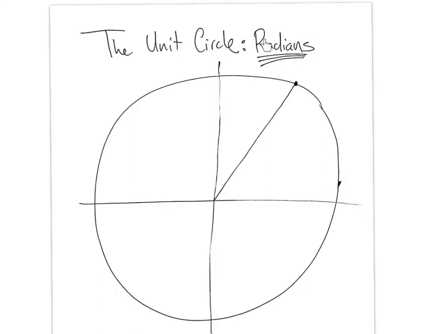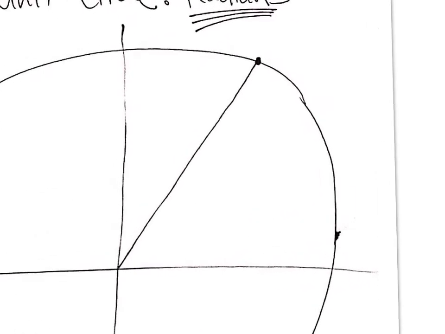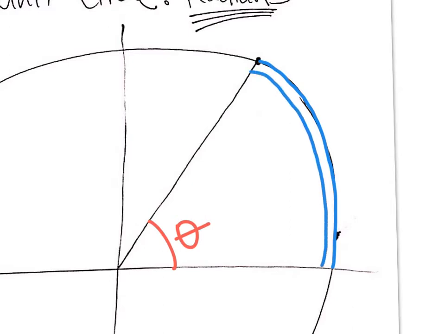Radian measure is actually, in a way, much simpler, because when we talk about the measure of an angle in radians, it's actually, let me get a wide marker. So here's our angle theta, and if we were to take the length of the arc, I sometimes describe that as the pizza crust. Yum.